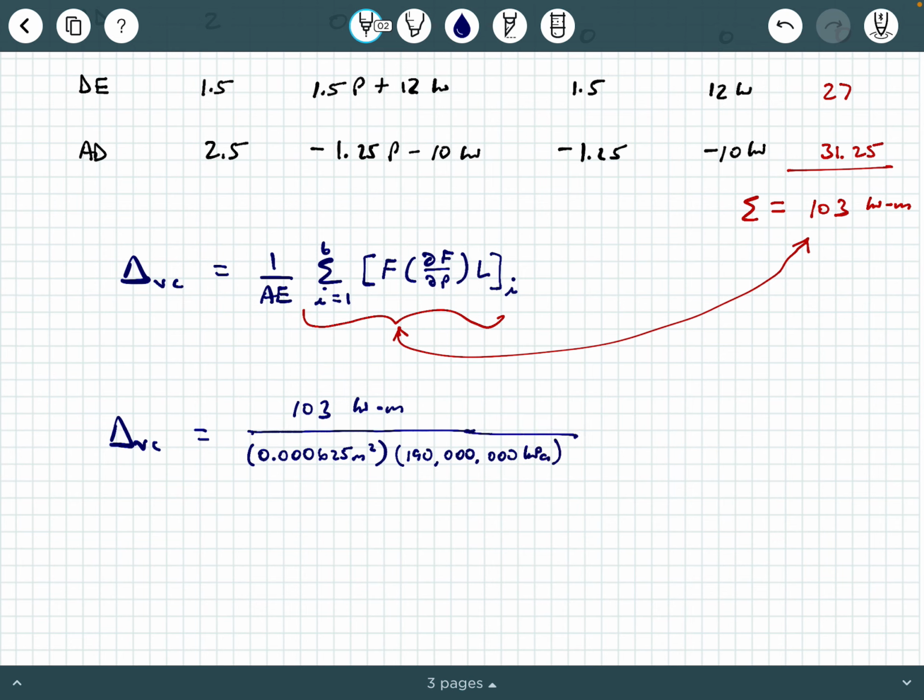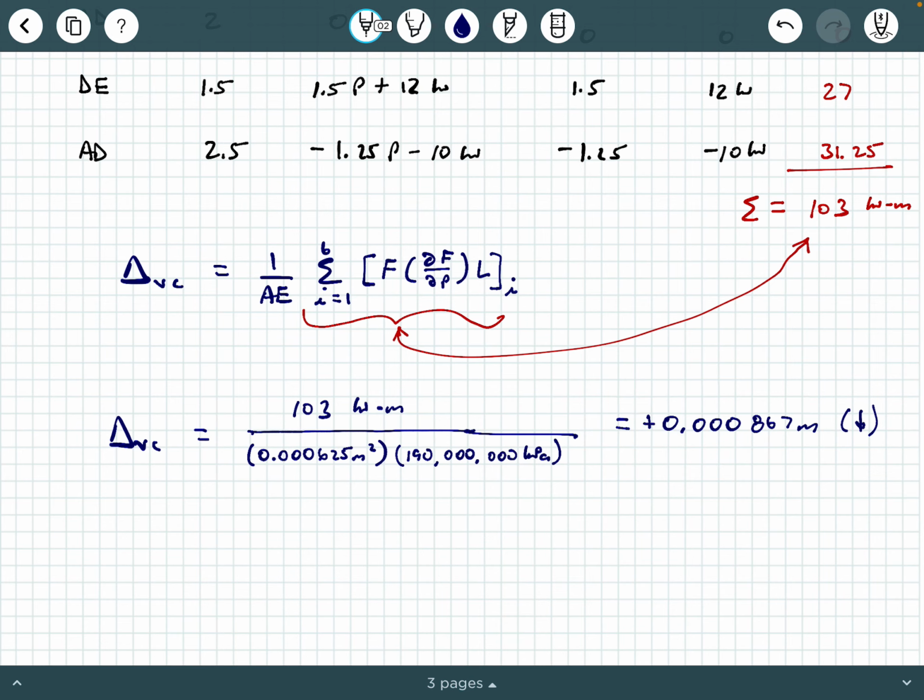Why? Well, it's because my numerator has units of kilonewtons times meters. I have to get consistent units, okay? So when you crank all of this through, you get 0.000867 meters.